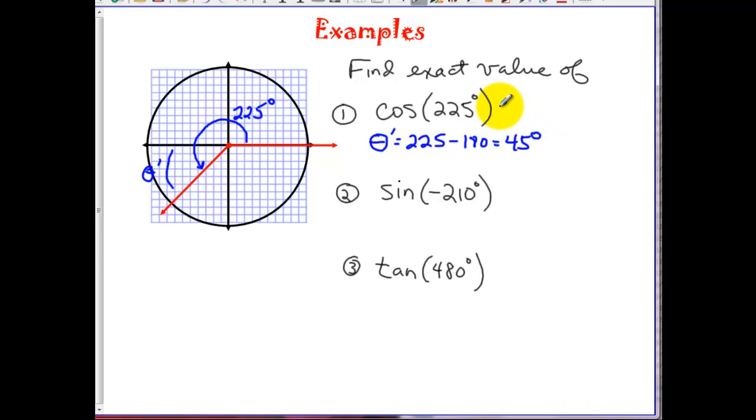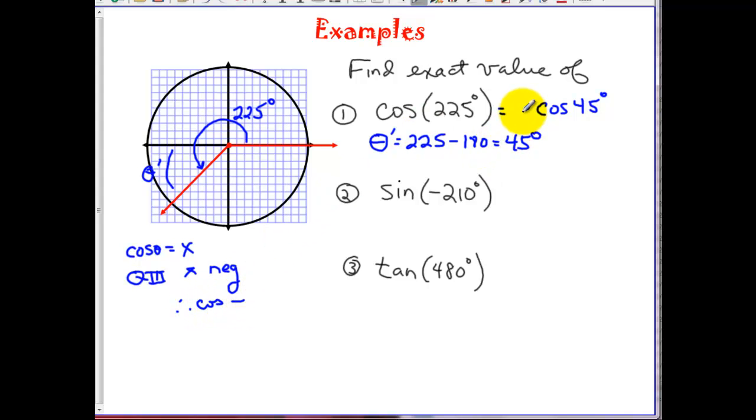So we know that the value of this is going to be cosine of 45 degrees value-wise, but we need to figure out should it be positive or negative. So let's think about in Q3, cosine is related to, on the circle, the x value, and in Q3 x is negative, so therefore cosine is negative.